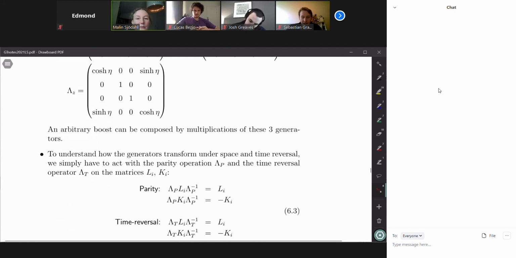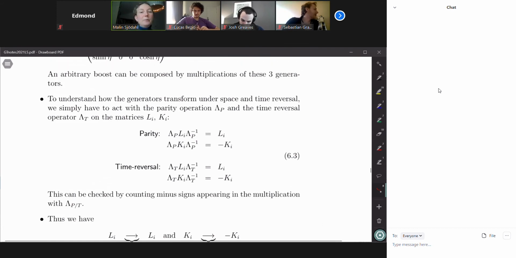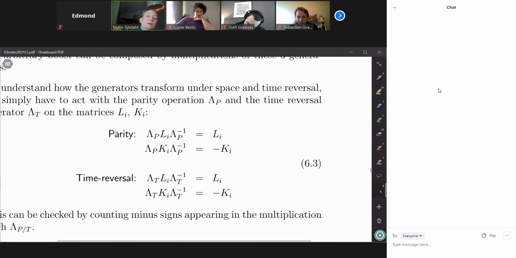But now we should explore the consequences of the rest of the Lorentz group and the discrete part of the Lorentz group. So we should look at the action of parity and time reversal on the generators. So if we first take a look at the action of parity on the rotation generators.